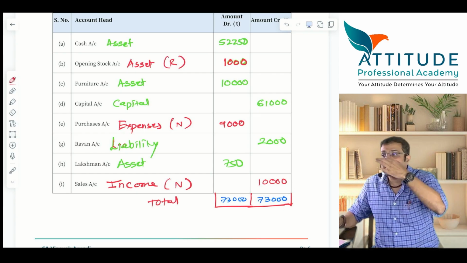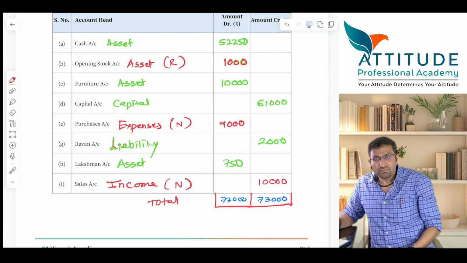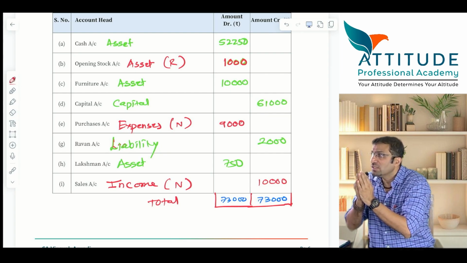But since it is an opening stock, which cannot be shown in the closing balance sheet, that also has to get closed. What has to be closed?